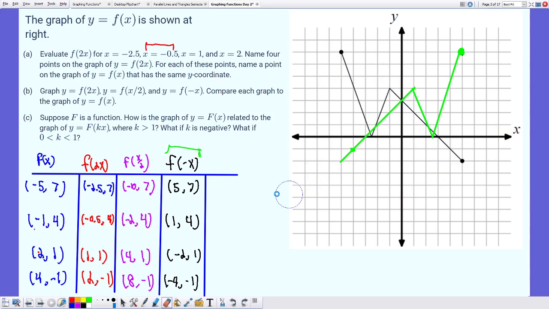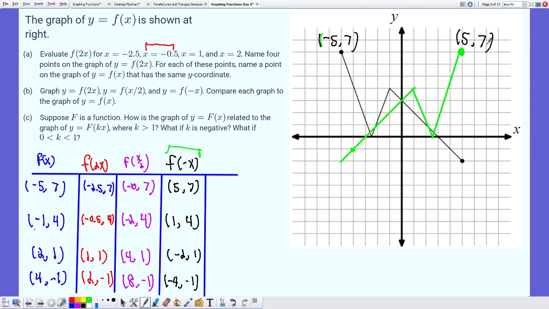Now, what's going on with this graph? Well, all that happened is we took all of the x values and reflected them over the y-axis, or take every point really, reflect it over the y-axis. So for instance, this negative 5,7 became a positive 5,7.